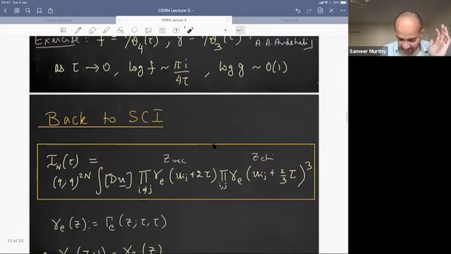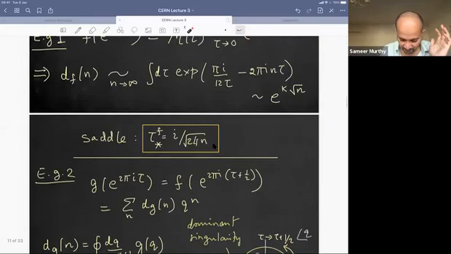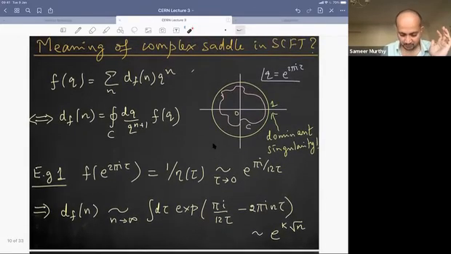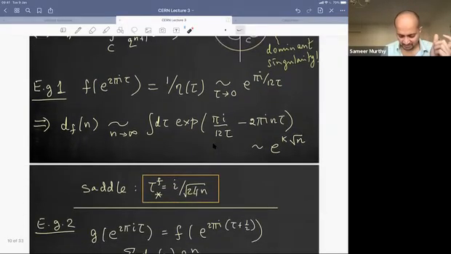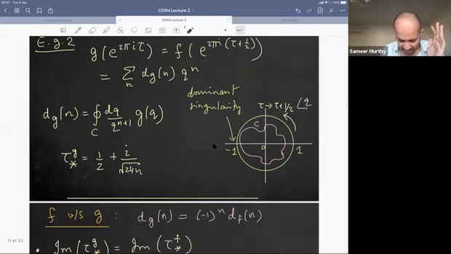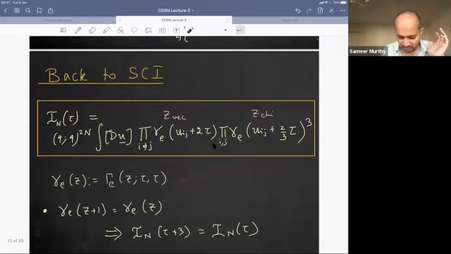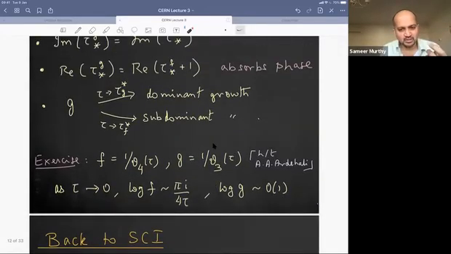Right now, let me go back. Here I was asking, what is the meaning of the complex saddle? And I was telling you in the context of microcanonical versus canonical that this complex saddle just means that there's some oscillation of phases in the microcanonical ensemble. For that, I had to do an integral over Q or tau. Leave that aside for the moment. That was an explanation of why we should look near tau goes to 1 and not tau goes to 0.